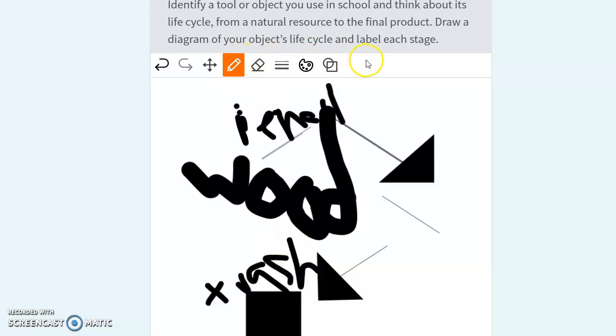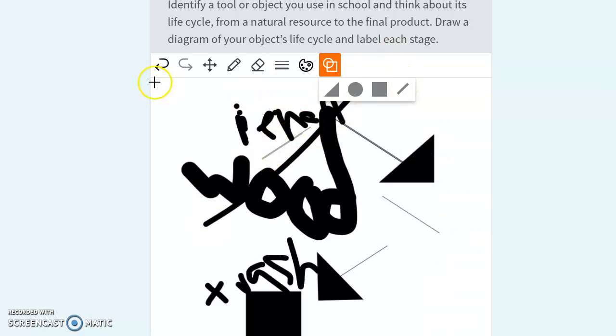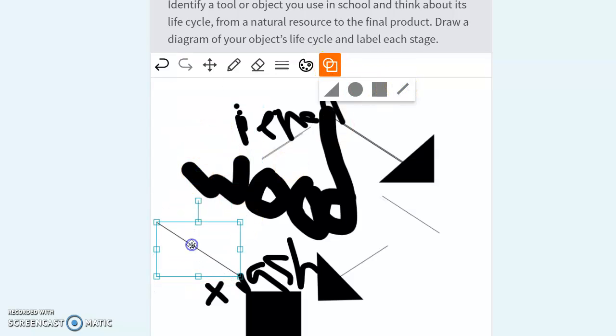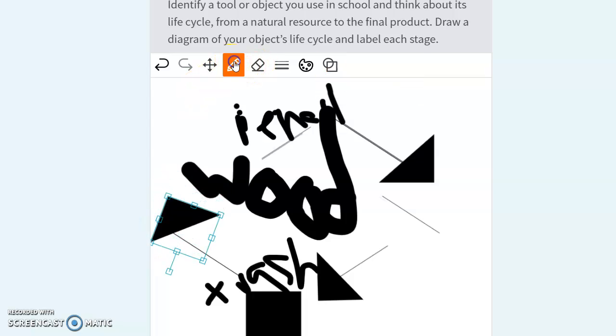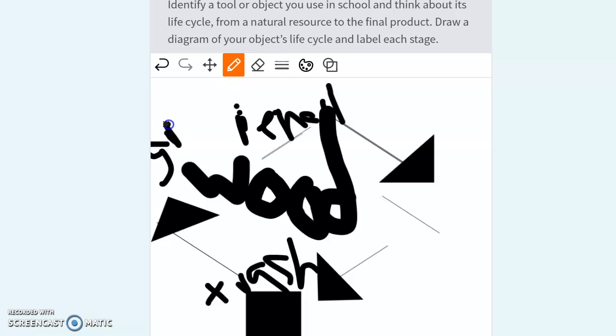And then you've got one more arrow because after the trash, they take it to the dump. And it goes back in the ground. Ground. I need a type box.